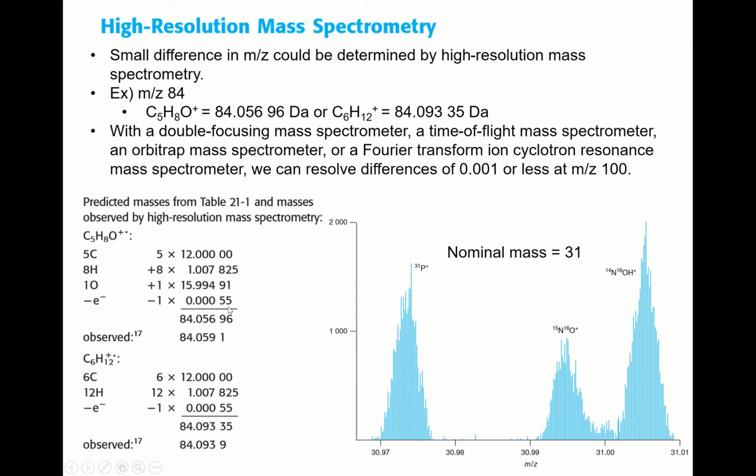It contributes here. So the exact mass is 84.05696, but the observed mass is 84.0591. Here maybe we can ignore the electron anyway. This is the exact calculation.